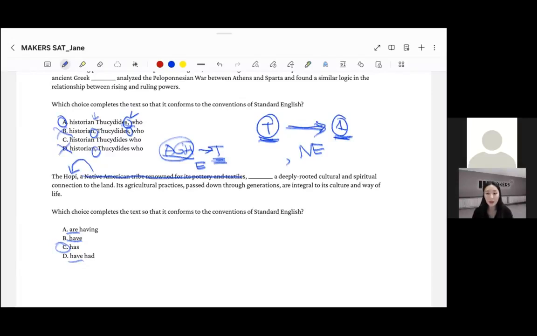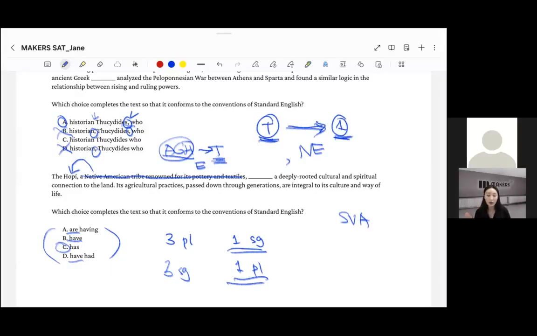Another thing with subject-verb agreement questions is that when you look at the answer choices, when three of them are plural and only one is singular, it's kind of a giveaway that this one would be the right answer, and it would work the other way too. If three of them are singular and only one of them is plural, we would know that the plural one has to be the right answer.